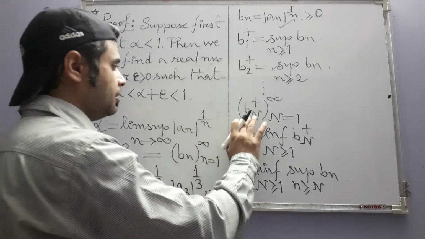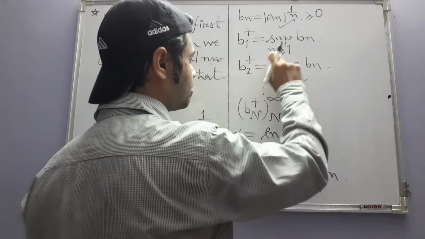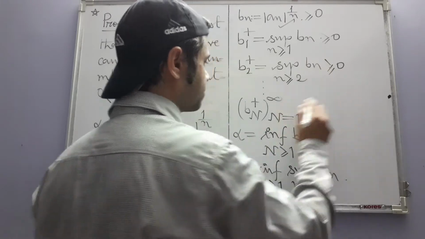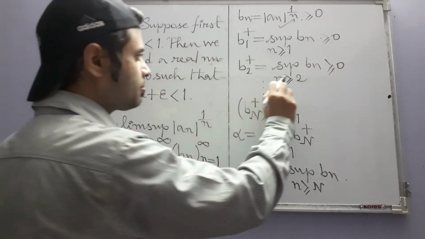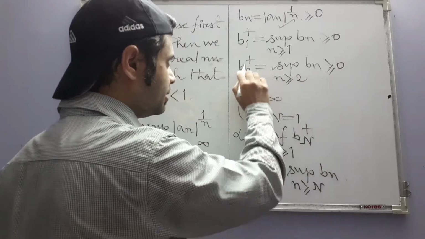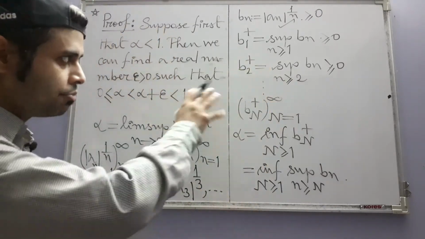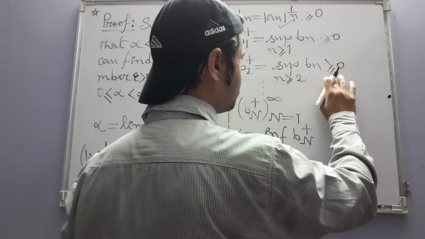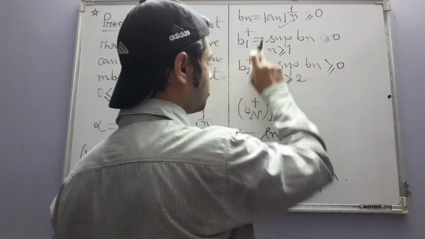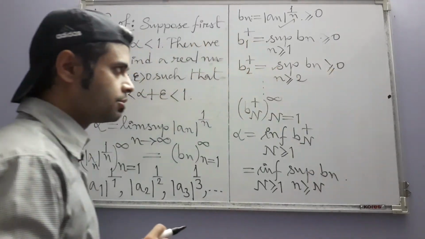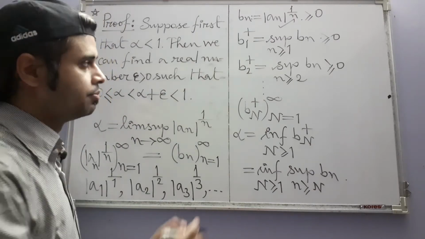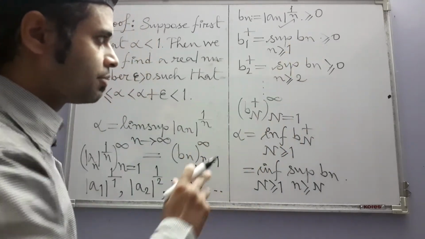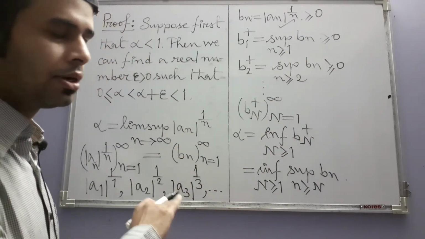When I am saying that all these terms are non-negative, that does not automatically mean that these are real numbers. Any one of them may be plus infinity also. By non-negative, I just mean that all of them are greater than or equal to 0 in the extended real number system. Of course, because of these inequalities, none of them can be minus infinity.